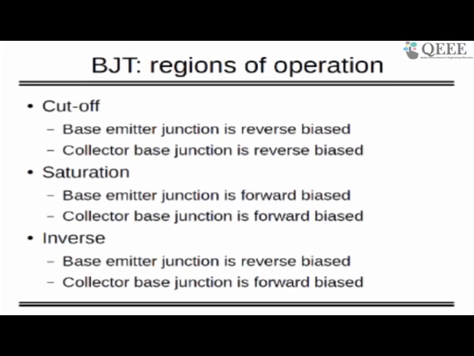Other than that, these are the known terms to you, that there are various regions of operation: cutoff, saturation, inverse. So let's look at the cutoff as the first region of operation. Before that, let's revisit the symbol of BJT.